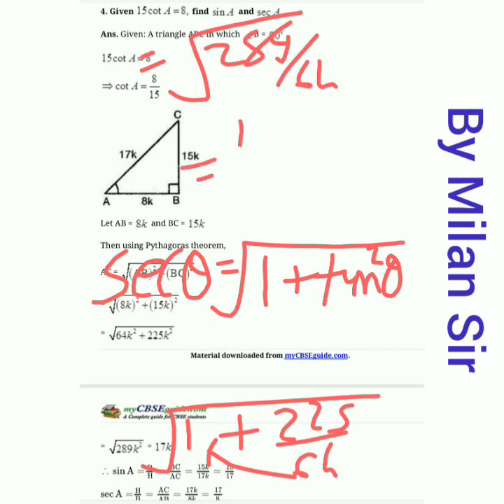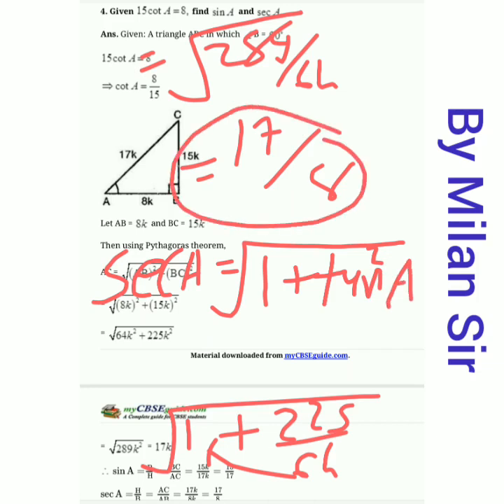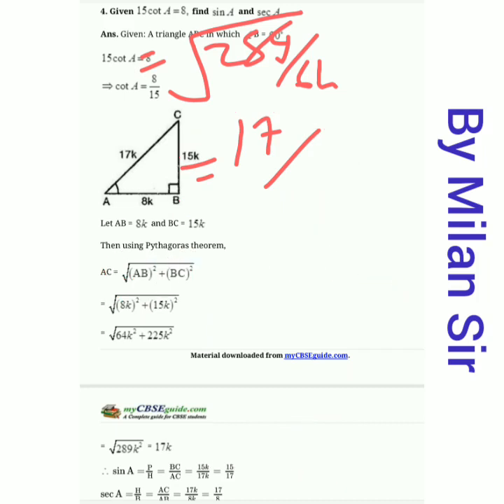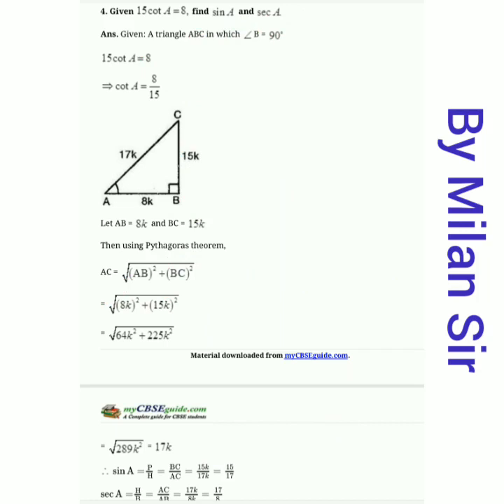The square root of 289 is 17 and the square root of 64 is 8. So sec A, sorry, in place of theta we need to write A. So sec A you got 17 by 8, right? So sec A is equal to 17 by 8.